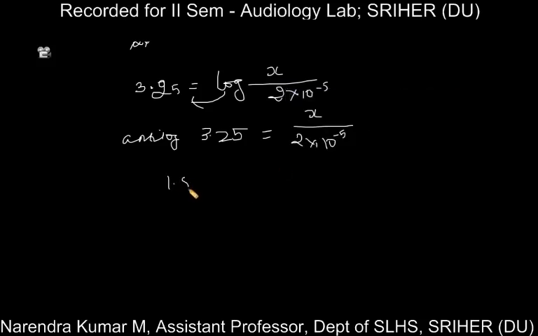The anti-log value simplified into 1.8 into 10 to the power 3 equal to X divided by 2 into 10 to the power minus 5.